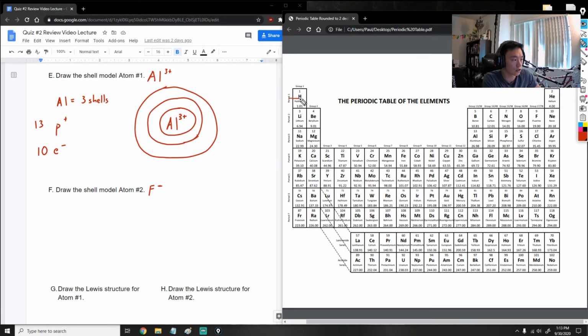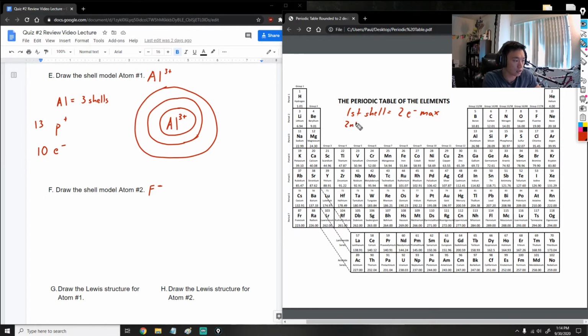If you look at this first row, how many boxes are there? There's 1, and then there's 2. So the first shell can have 2 electrons max, because there's 1 box, 2 boxes.